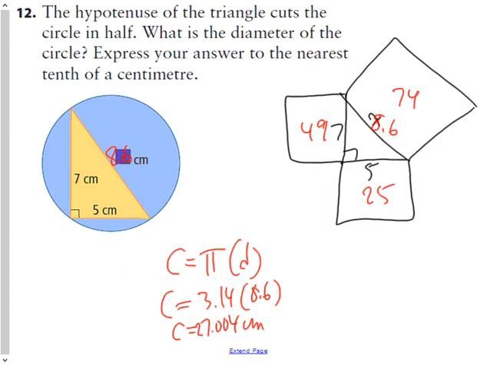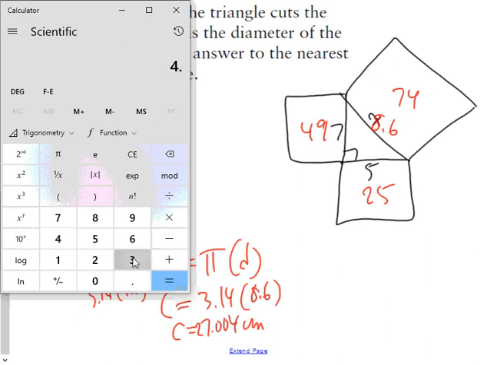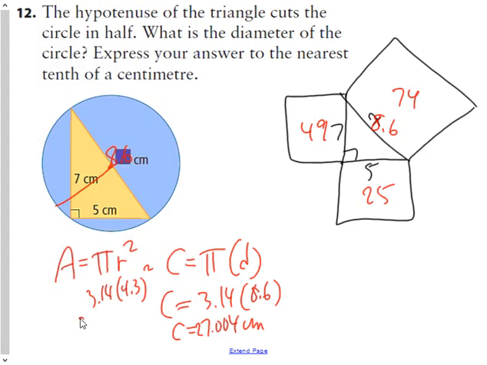Or another alternative might be not what's the circumference, but what's the area. Area equals pi r squared. What's the radius of the circle? If the diameter is 8.6, what's the radius? 4.3. So 3.14 multiplied by 4.3 squared. 4.3 squared would be 4.3 multiplied by 4.3, 18.49.